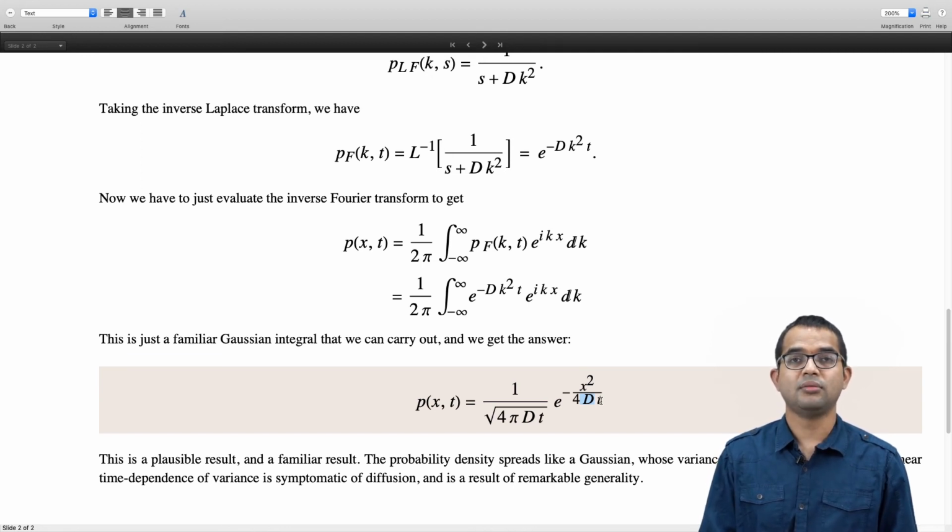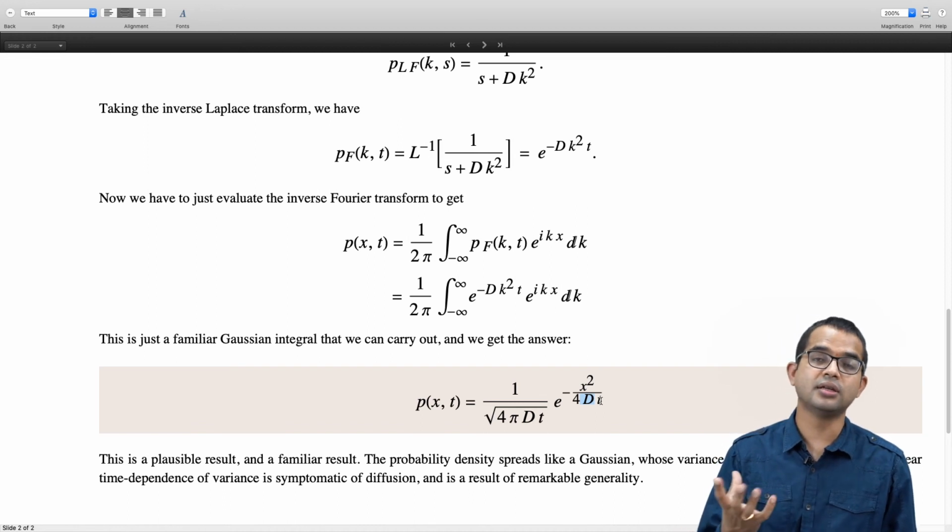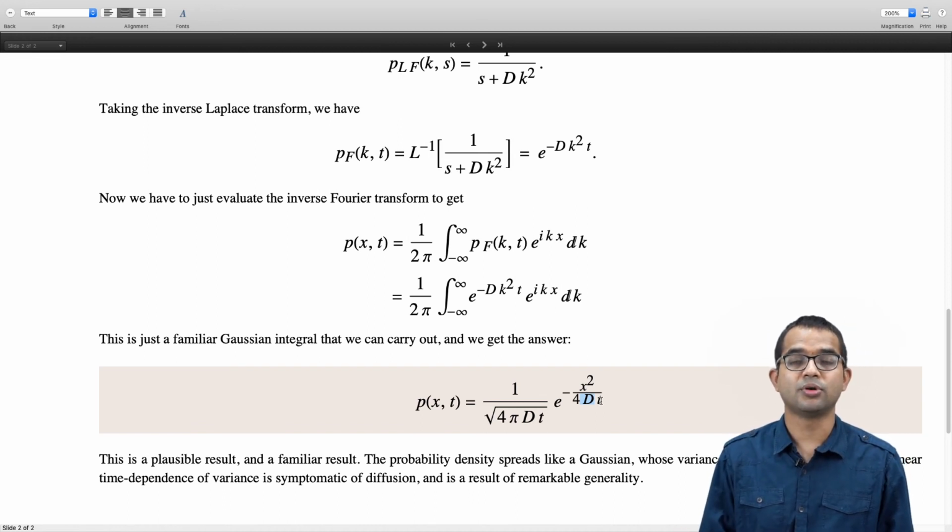So what is called ballistic motion is characterized by the spread being proportional to time, whereas here it's the variance which is proportional to time, right?